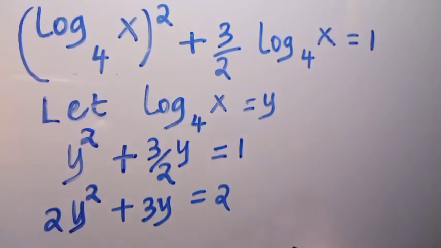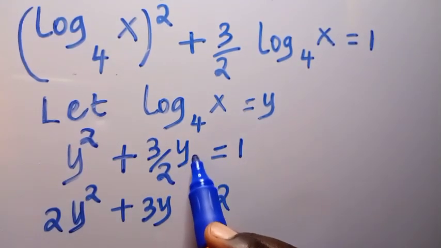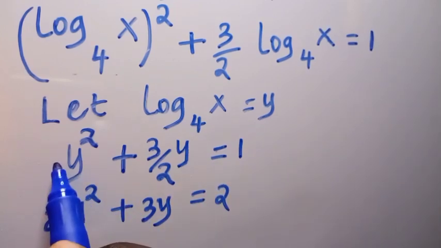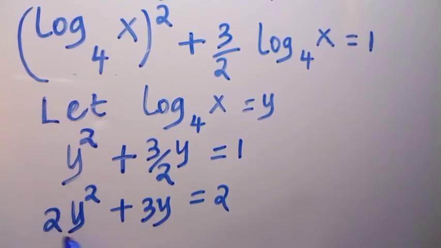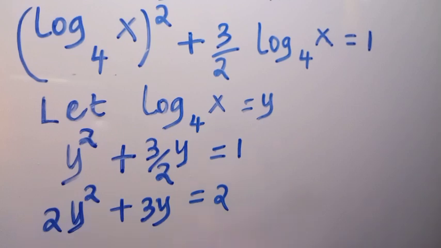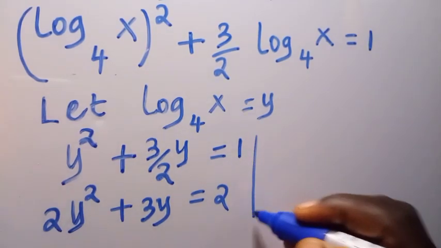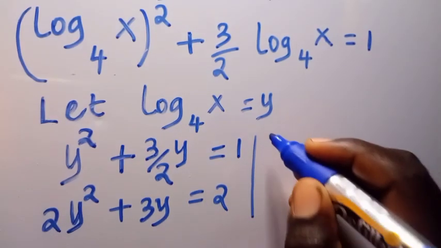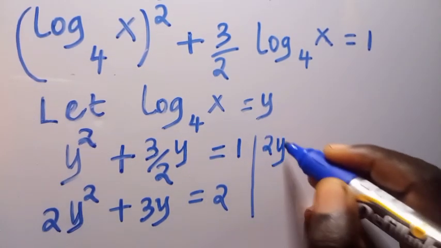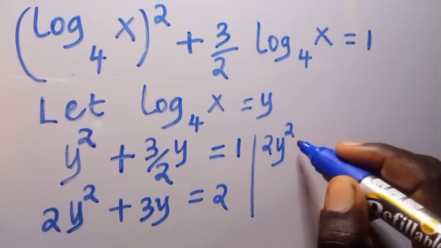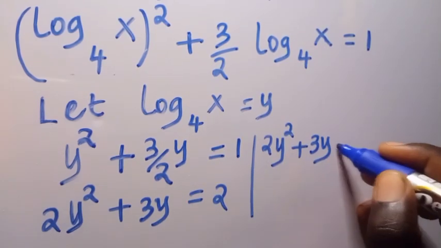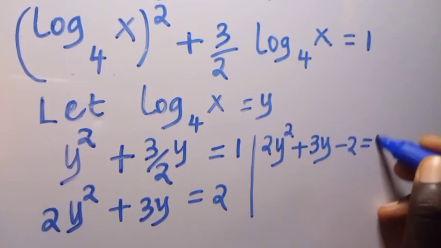If we bring the 2 to this side, we shall have 2y squared plus 3y minus 2 equals to 0.